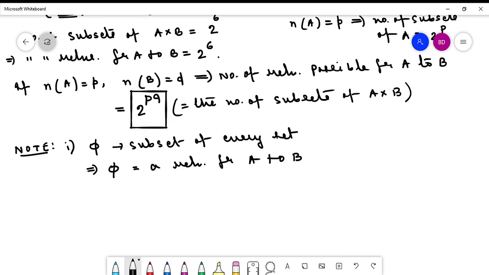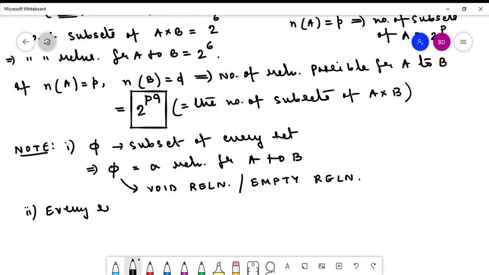So this particular relation we call void relation or empty relation. So this is one. Second is, we know that every set is a subset of itself.